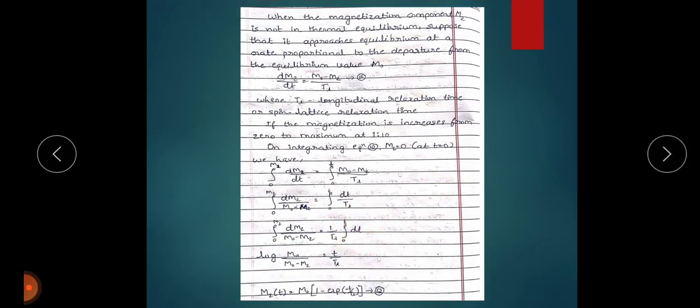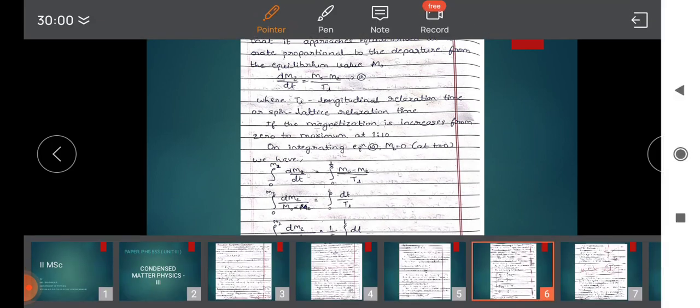Here the integration of dMz divided by (M0 minus Mz) is taken as log of M0 divided by (M0 minus Mz), which is equal to t divided by T1.